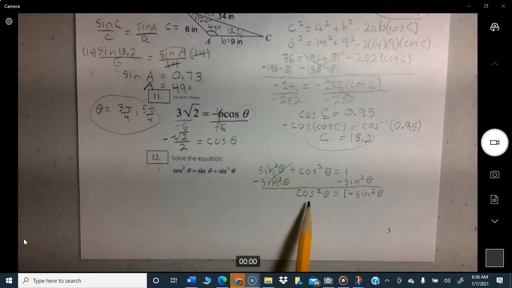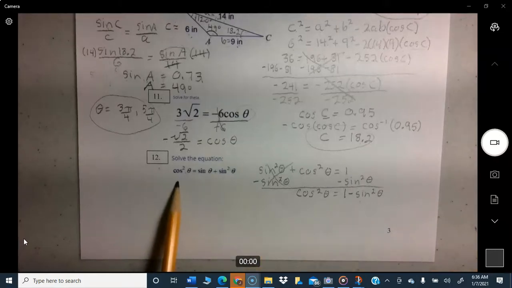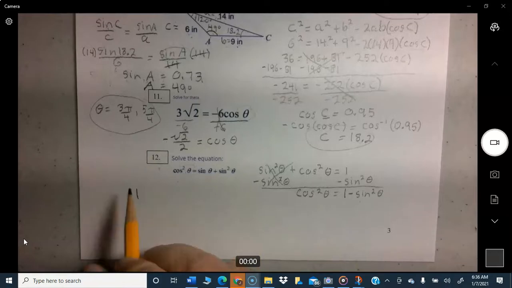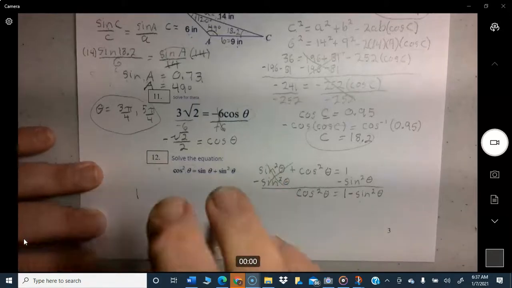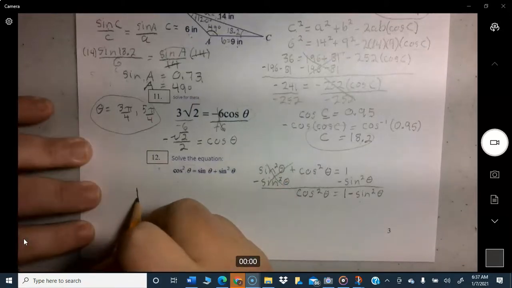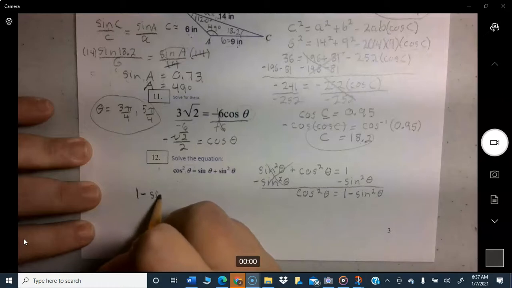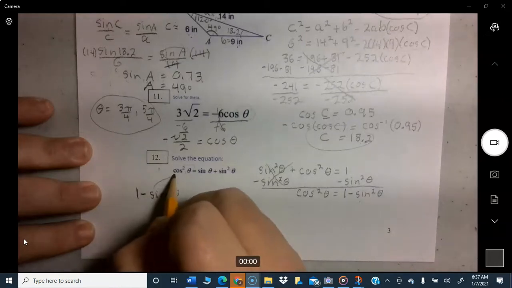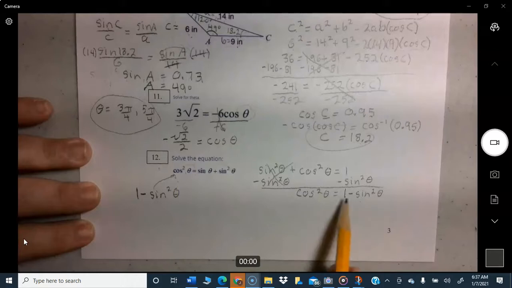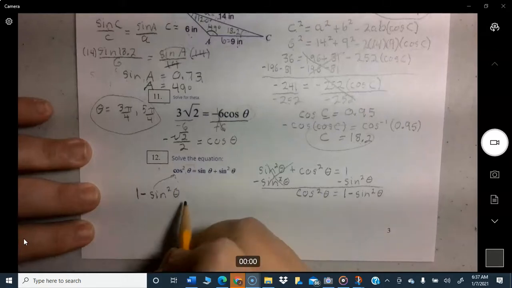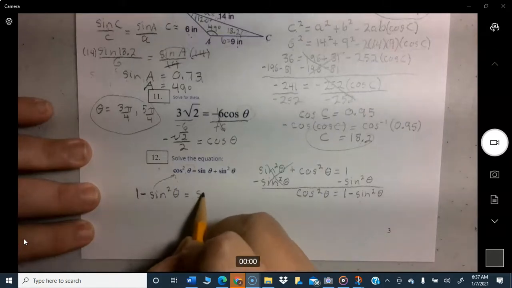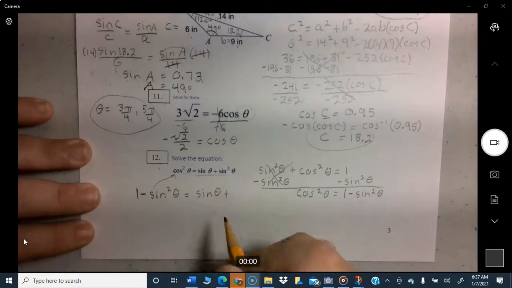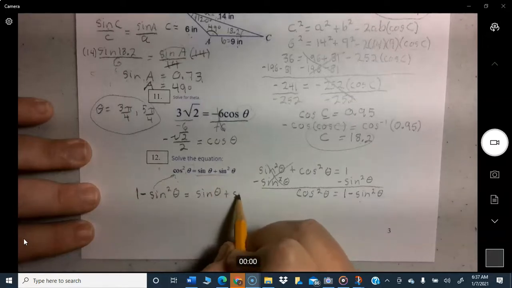Okay, so now that we know that, we can substitute that over here. So where I see cosine squared theta, I'm going to now call that 1 minus sine squared theta. Okay, so that equals that right there, based on what we said over here. Equals sine theta plus, I'm just copying this side a second time, sine squared theta.